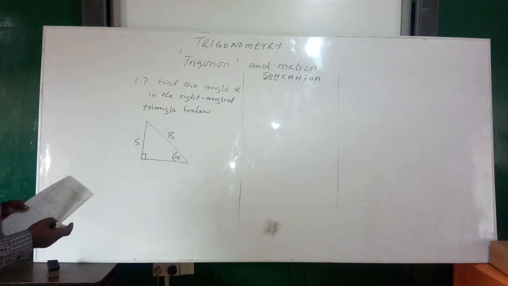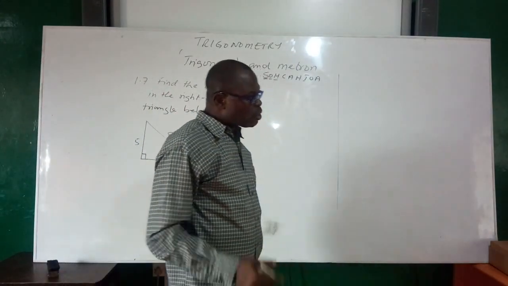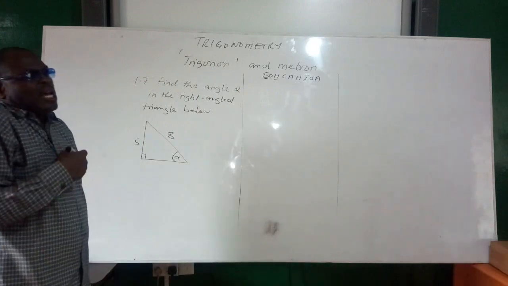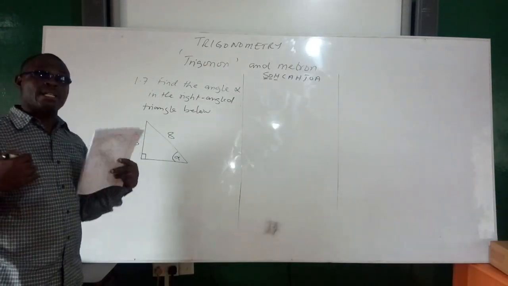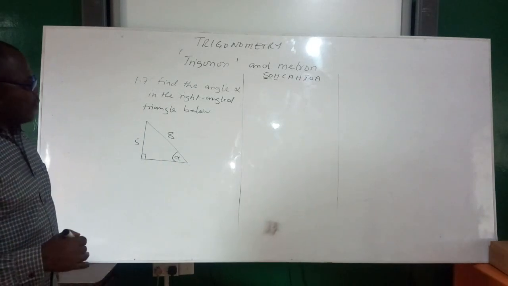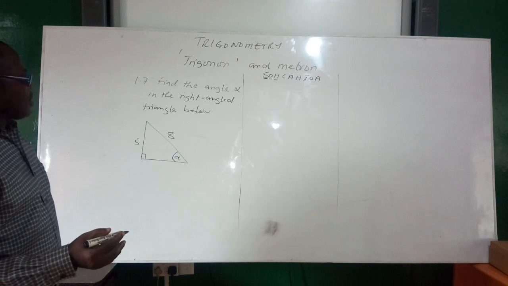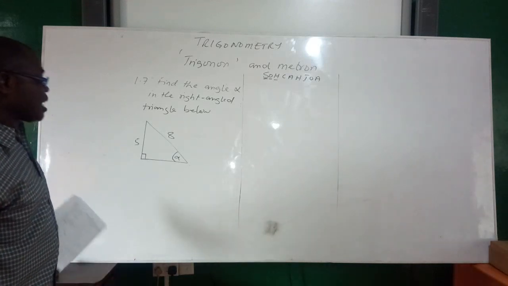When this is given to us, we still go back to the acronym SOHCAHTOA. We ask ourselves, which of the sides have been given to us? That's the question we have to ask in order to find alpha. In identifying the sides, 8 is the hypotenuse, the longest side.